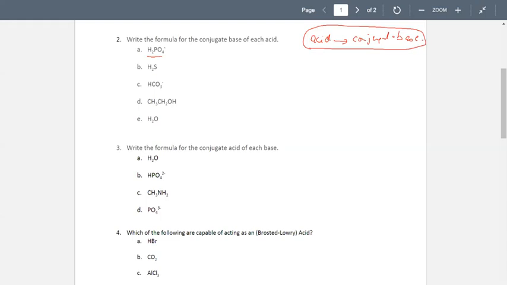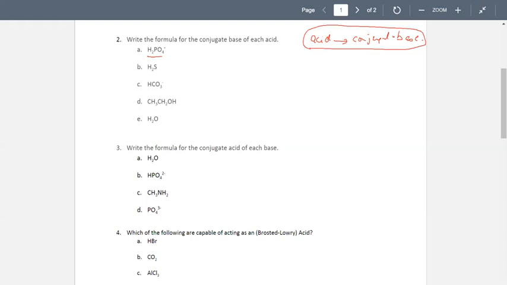When an acid donates, what happens? What did we say? When an acid donates a proton, that proton goes away with just a positive charge, and it will leave the negative charge, which is the electron, behind. So now tell me, what would be the answer for the conjugate base? Yes, it is -2. Is it clear?